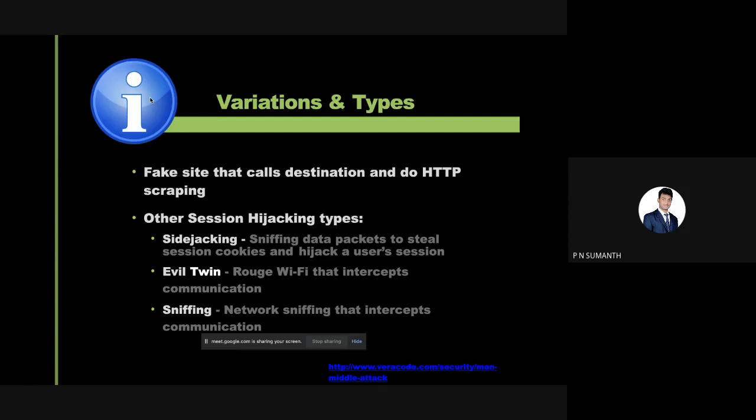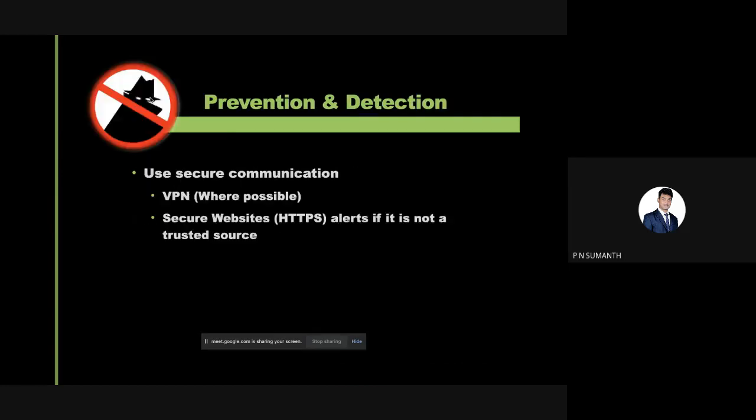Using a sniffer, whenever the data is transferred, we analyze the whole data and then gather the required information. When data is transferred over the network, it is transferred in packets, so we analyze those packets. To prevent that, we can use a VPN and also use secure websites, which end with HTTPS.